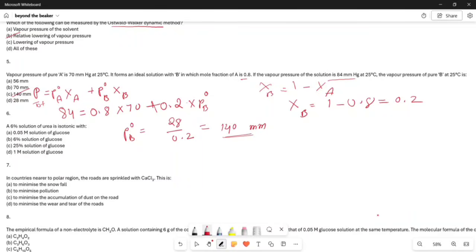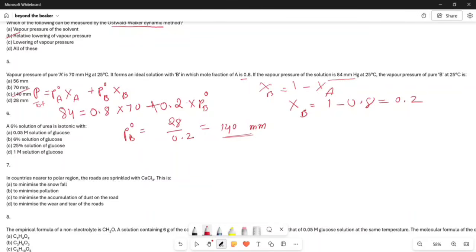Next, I will go to another question, question 6. A 6% solution of urea is isotonic with dash. So when a 6% solution of urea is isotonic with a solution of glucose, what is the percentage of glucose here?